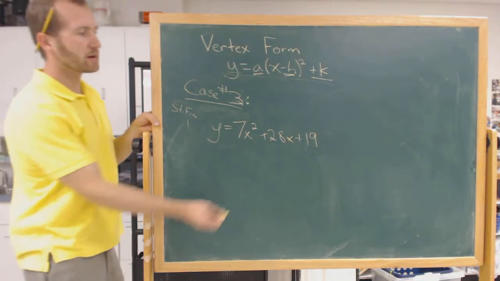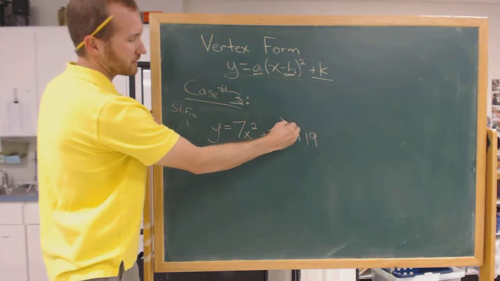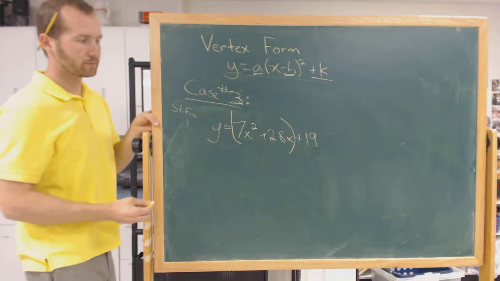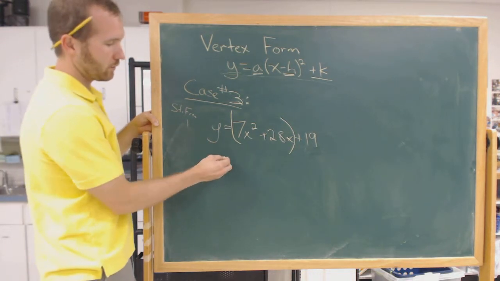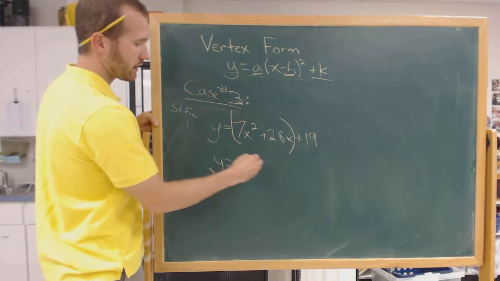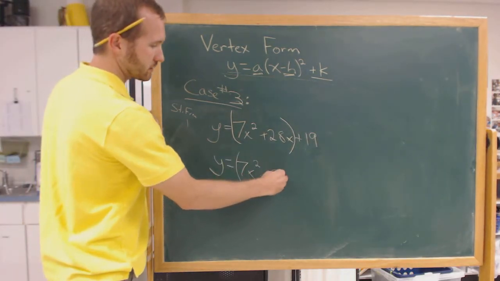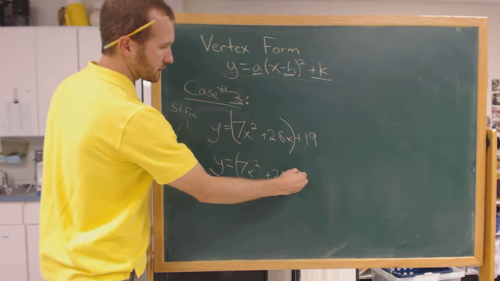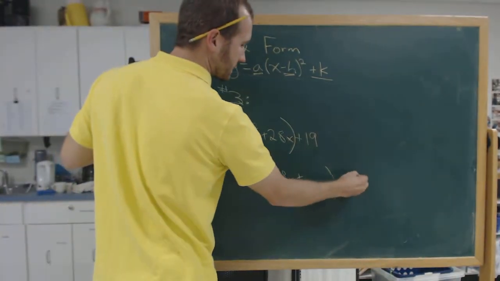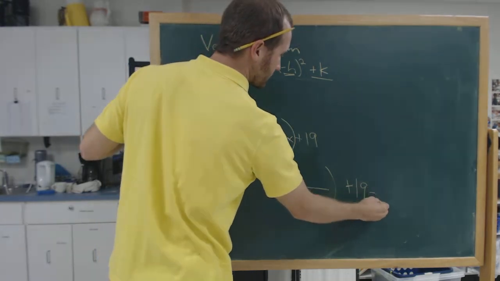Factor out the 7. So I'm going to start in the same way that I started with my second case. I'm going to kind of isolate this. Y equals 7x squared plus 28x plus something, plus 19 minus something.